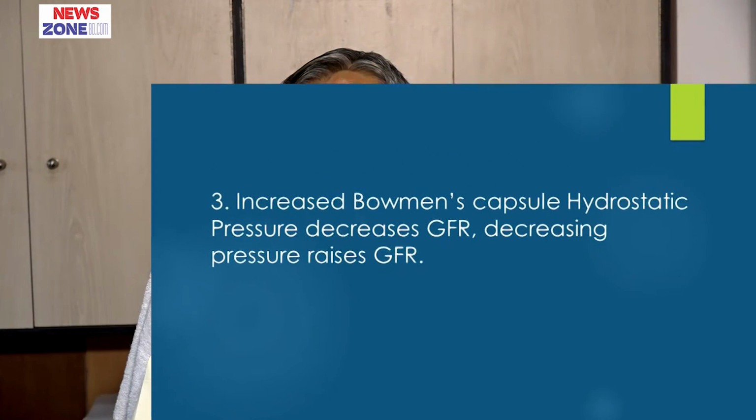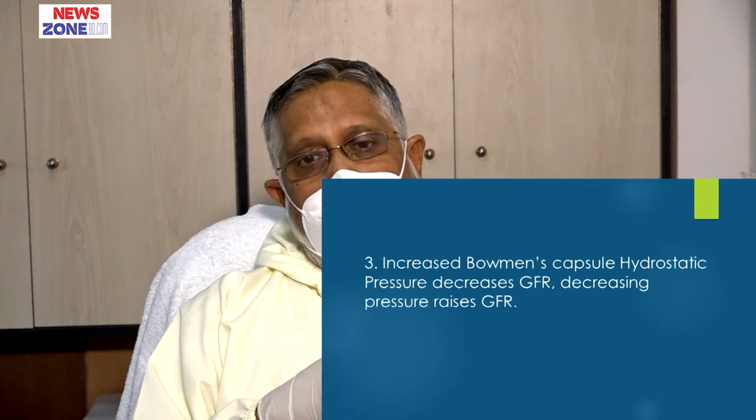Now comes Bowman's capsular pressure. Similarly, Bowman's capsule does not try to allow plasma to enter into the renal tubule, and its pressure is 18 millimeter of mercury, as I have already discussed with you. Naturally, if the pressure of Bowman's capsule is increased, GFR will be decreased.